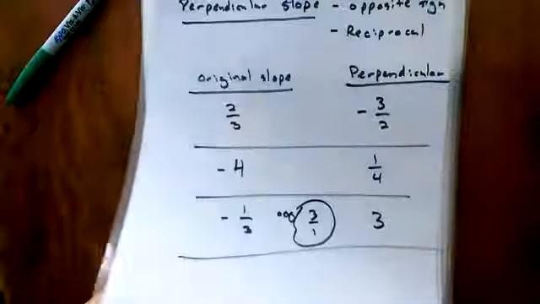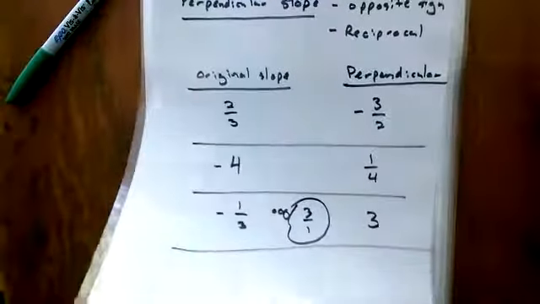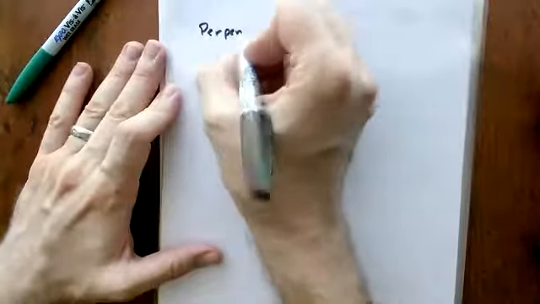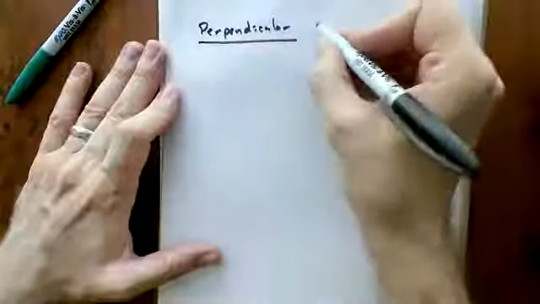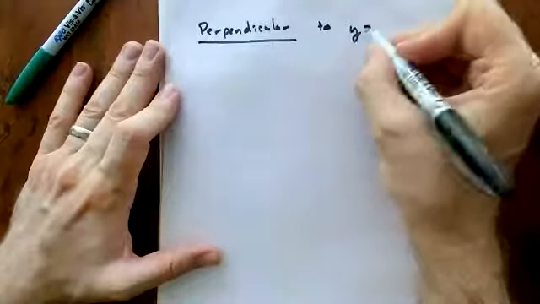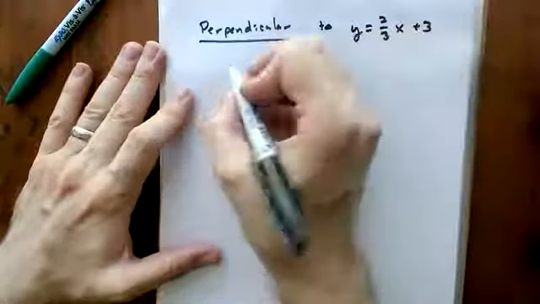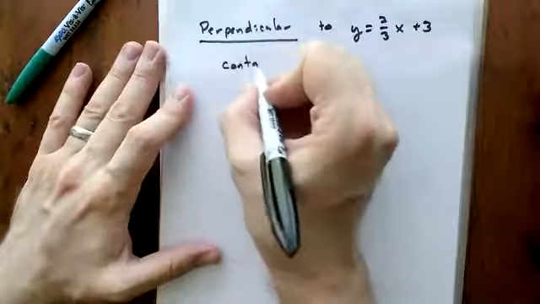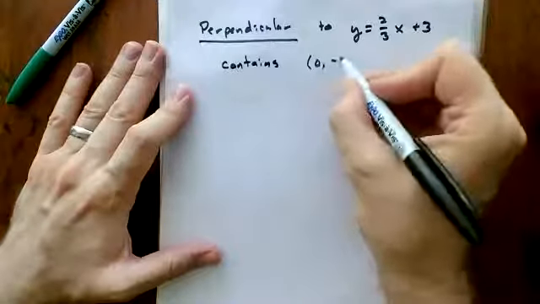Now I'm going to do another example where we're trying to find something that is perpendicular to y is equal to 2/3 x plus 3 that contains the point 0, -5.